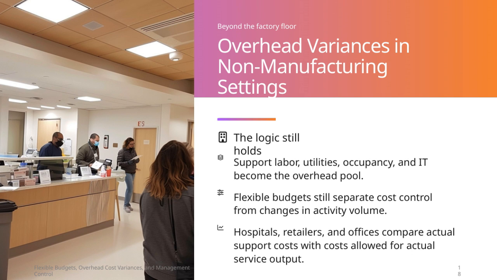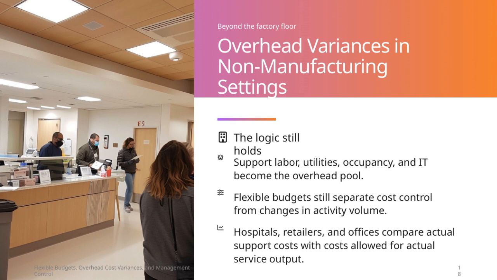Flexible budgets are essential because they allow us to distinguish between changes due to cost control efforts and those resulting from variations in activity volume. For example, hospitals compare their actual support costs to the costs allowed based on the actual level of service provided. This comparison helps management identify where costs are being controlled effectively and where they might be exceeding expectations.